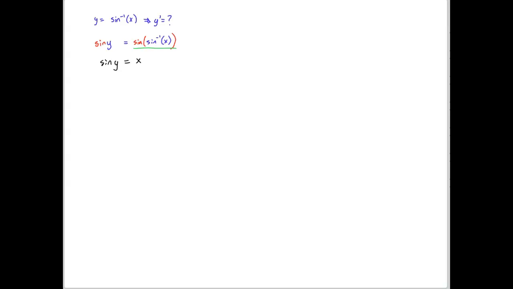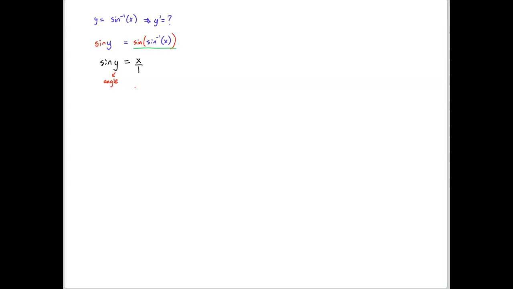In this scenario, y would be considered an angle, right? Because our input for regular trig functions is angles, and our output is a ratio of sides of a triangle on those angles. And I can rewrite x as x over 1, just so it's a ratio.